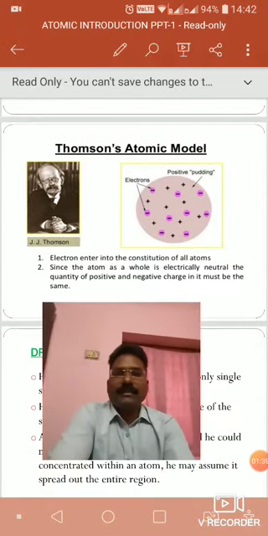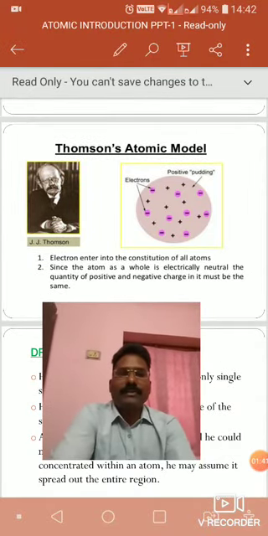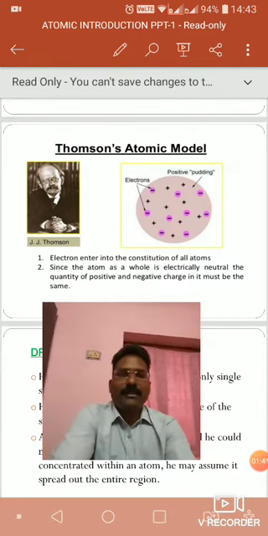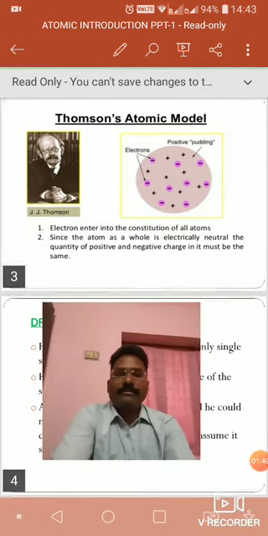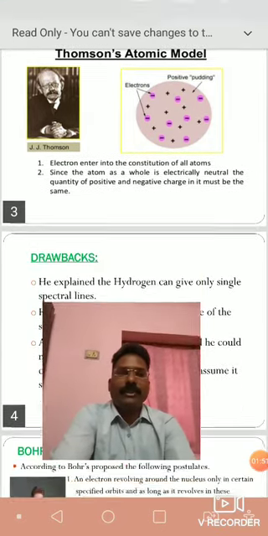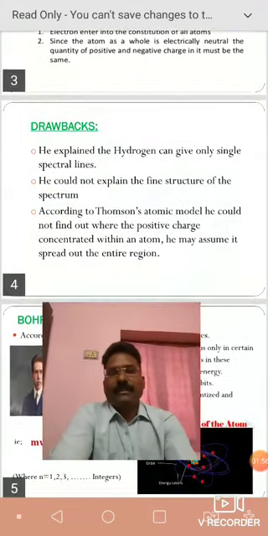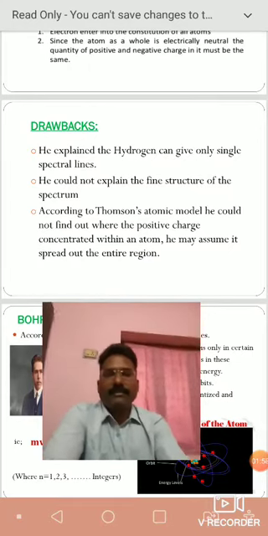Thomson suggested the electrons enter into the constituents of all atoms. Since the atom as a whole is electrically neutral, the quantity of positive and negative charges in it must be the same. Drawbacks of Thomson's model.